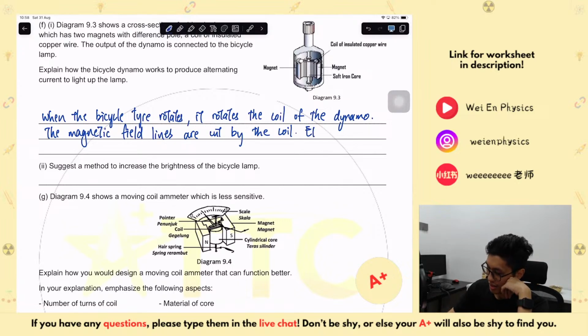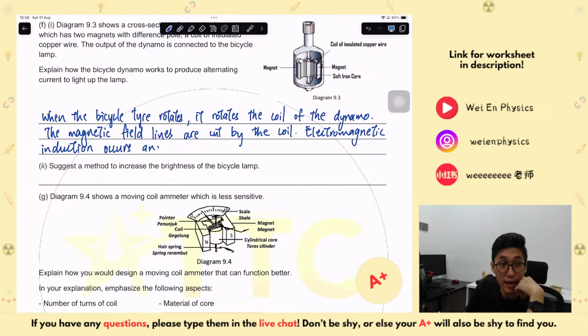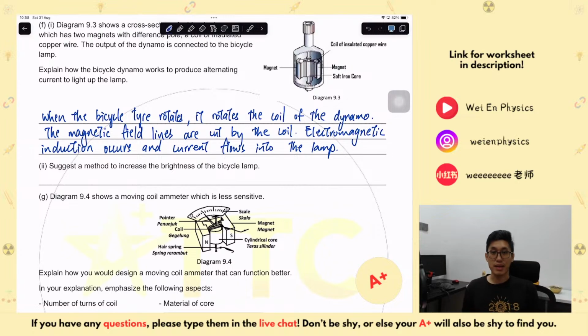Then you say electromagnetic induction occurs and current flows into the lamp. Okay? Every time you are doing explanation, every time they ask you to explain electromagnetic induction punya question, you must include a few words.